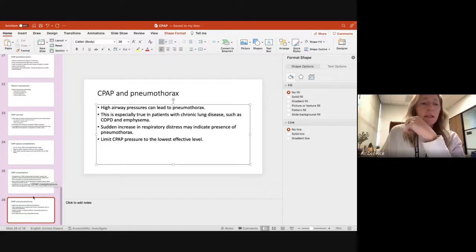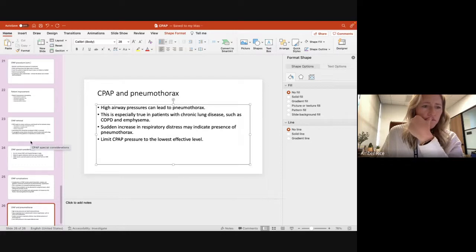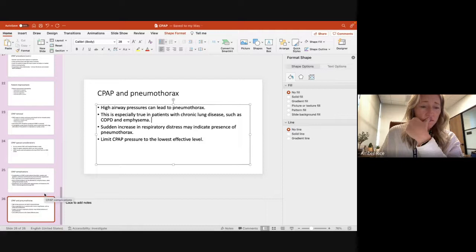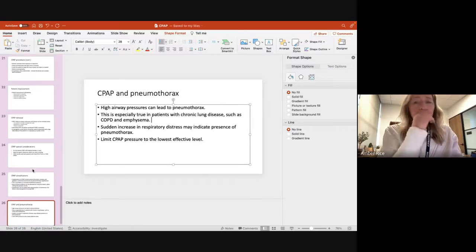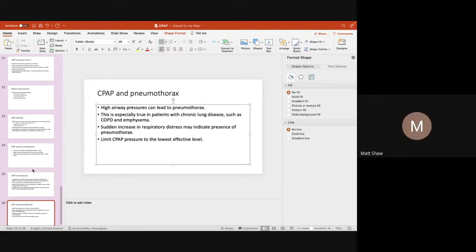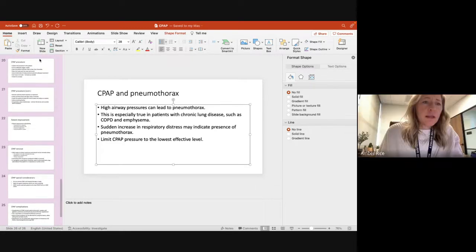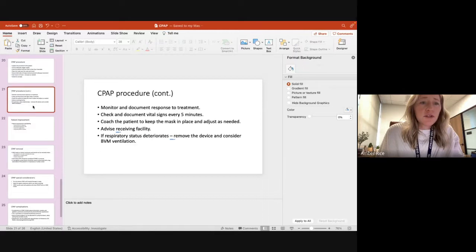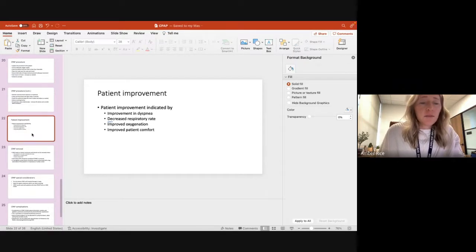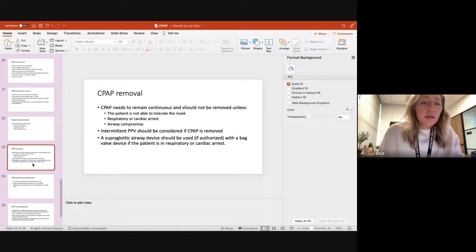Do we want to move the complications slide up at all? I don't care. What's the order that it's in right now? Right now, we go through the procedure, how to do it, patient improvement indicated by improvement in such and such, and then when to remove it.